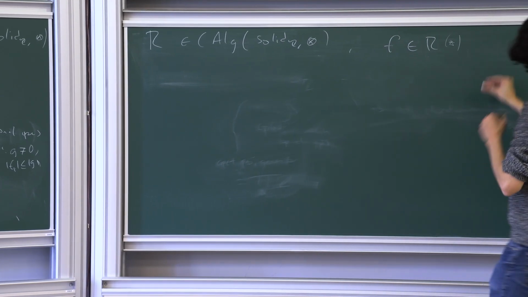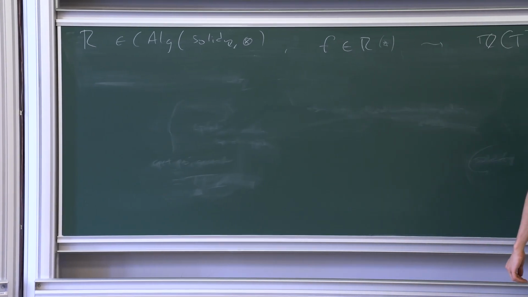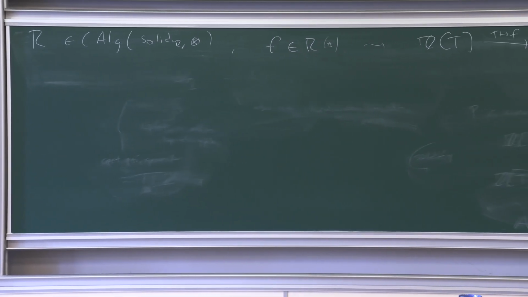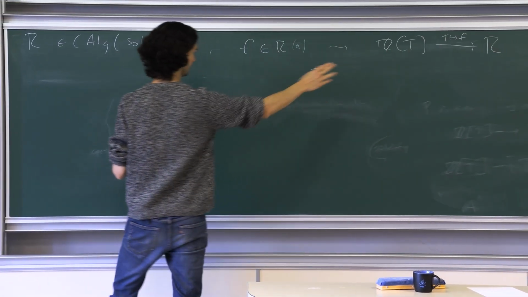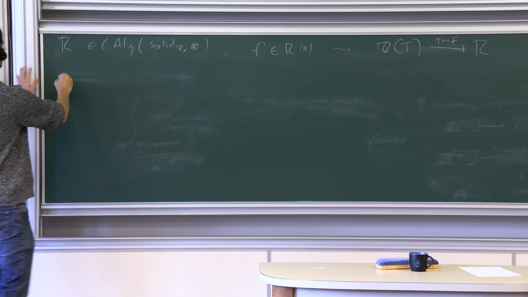In particular, that gives you a map from Z[T] to R, which sends T to f. And then we can see how these loci that we've identified correspond to properties of R. So let me make a definition.